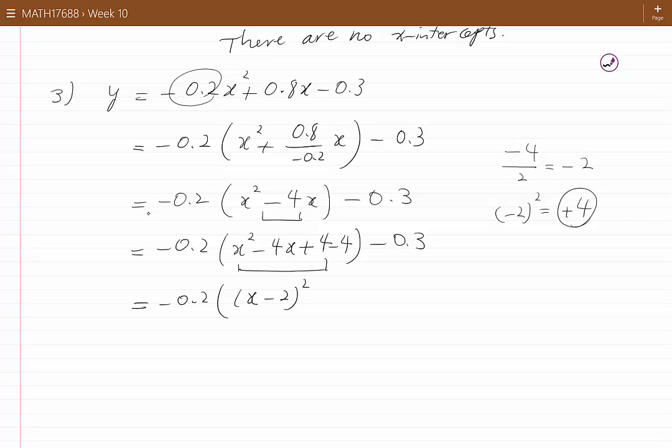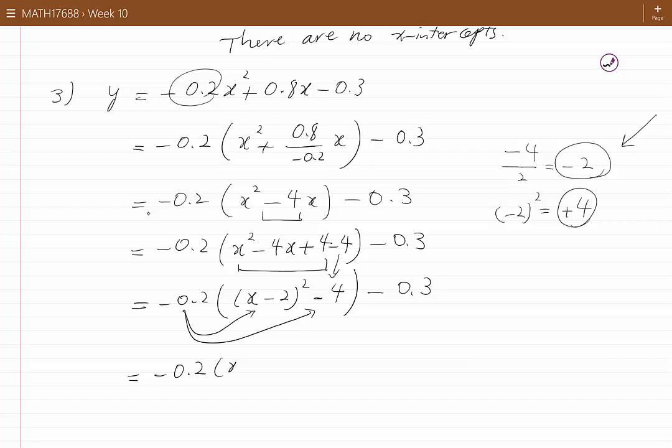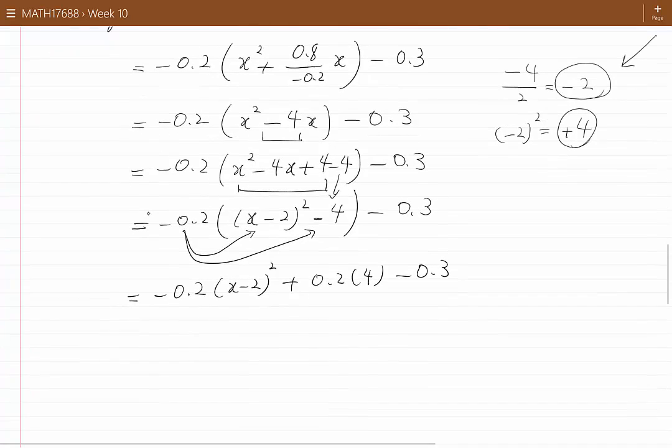Minus 2 is what you found here. You also have a minus 4 and then minus 0.3. Now multiply minus 0.2 into the first bracket. You will have minus 0.2 (x minus 2) squared plus 0.2 times 4, minus times minus is plus, and then minus 0.3.